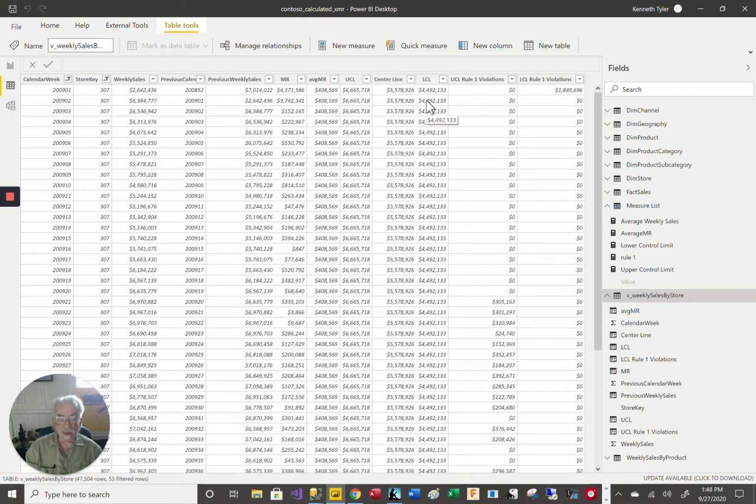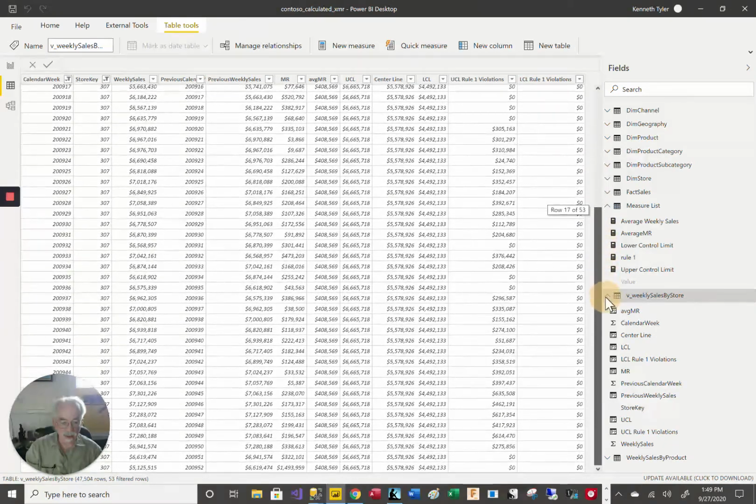Once you have those two numbers, then, and we're only going to analyze Rule 1 here. Rule 1 is an instance where the weekly sales is equal to or above the upper limit, or equal to or below the lower limit. So I've written a little measure that calculates the amount which is above or the amount which is below. And the stores we're interested in are the ones that have violations, where Rule 1 comes into effect.